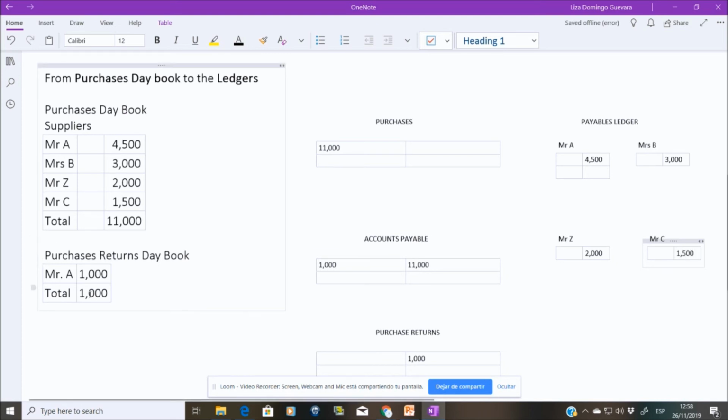And to record the return to Mr. A, we put it here, 1,000. So the total of our accounts payable to Mr. A is 3,500.